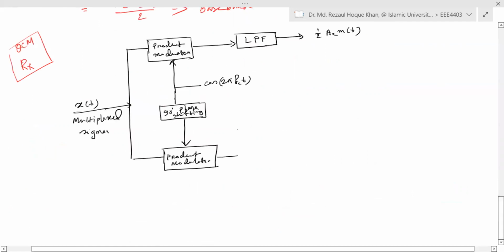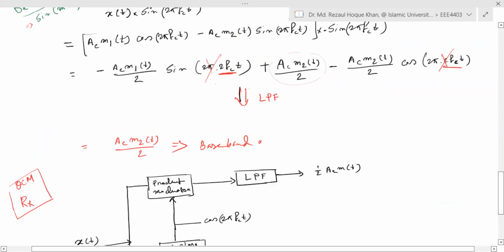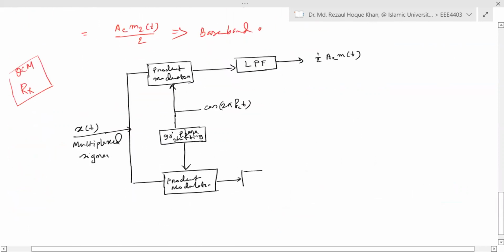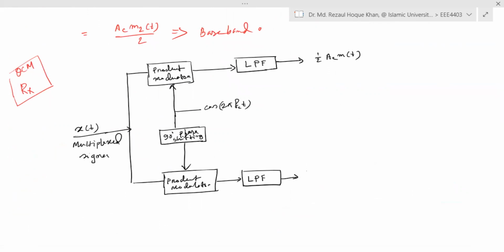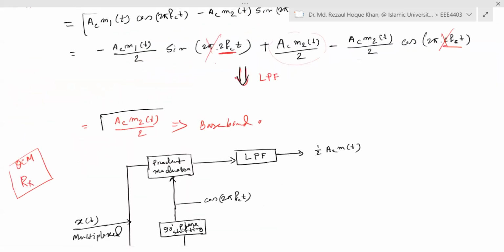And if you pass the other one through another low pass filter, you receive half of the AcM2 message.